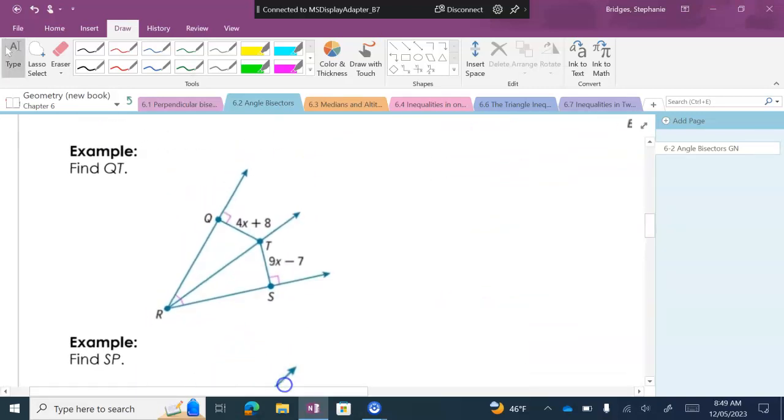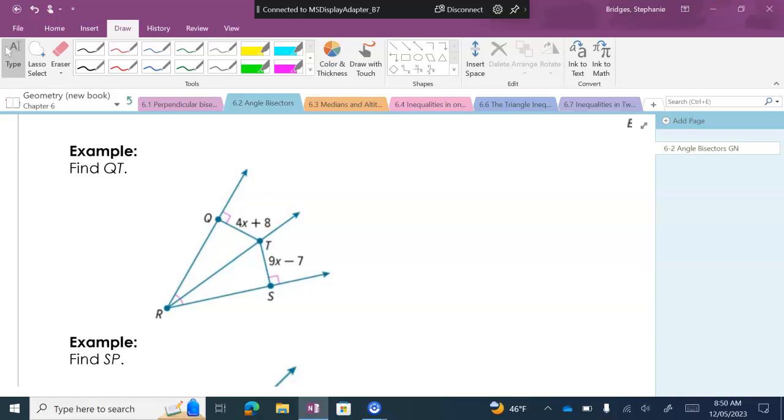All right, so let's look at our first example. It is asking me to find QT. The first thing I'm going to want to find is X. What do these little markings right here mean about these angles?